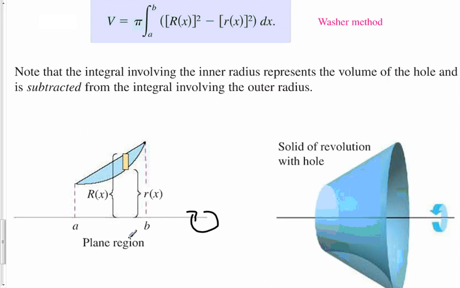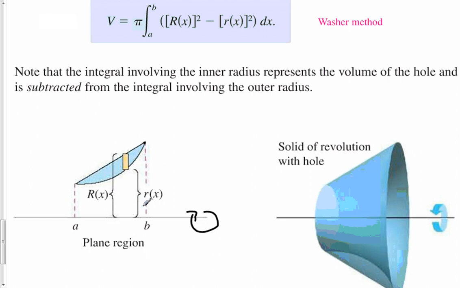So we're looking at a representative rectangle. A representative rectangle is going to have its radius, or the radius of the disk that it's going to create, be perpendicular to this axis of revolution. So we're going to draw our representative rectangle in this way to represent this entire blue region here.